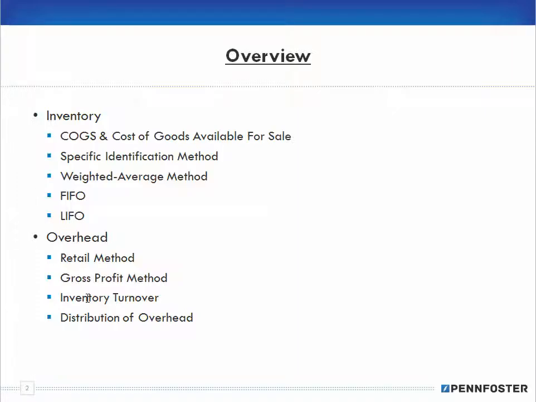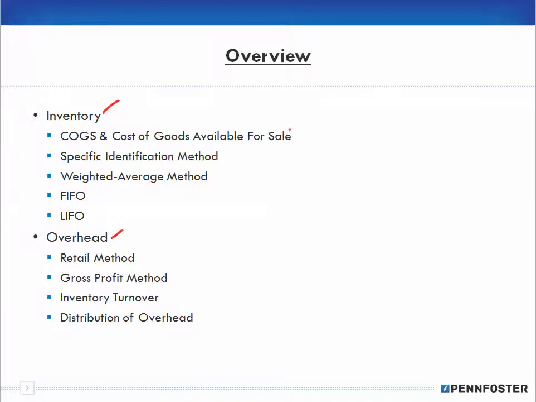As an overview, it's broken down just by the name of the chapter. We're talking about inventory, and we are talking about overhead. With inventory, it's basically about methods of valuation. In other words, how to determine what our inventory is worth, the different methods that we can use.